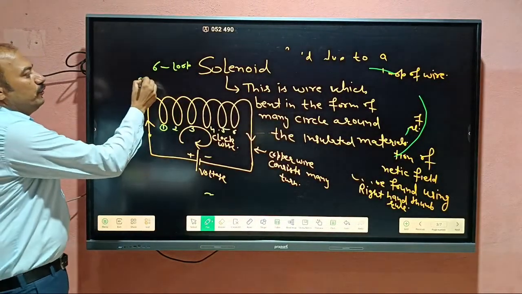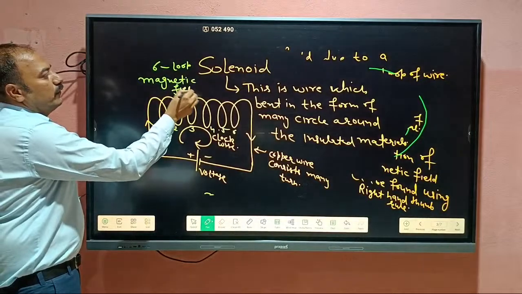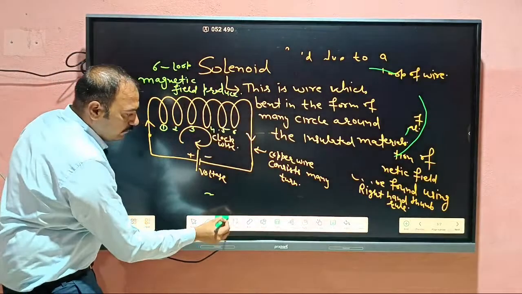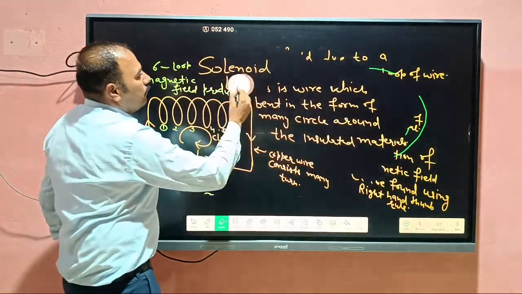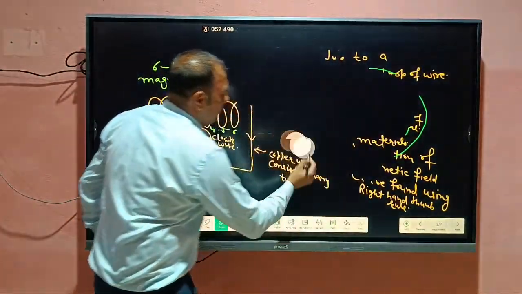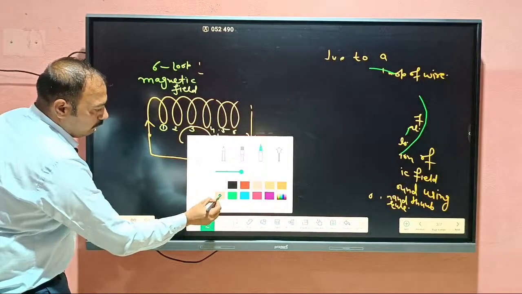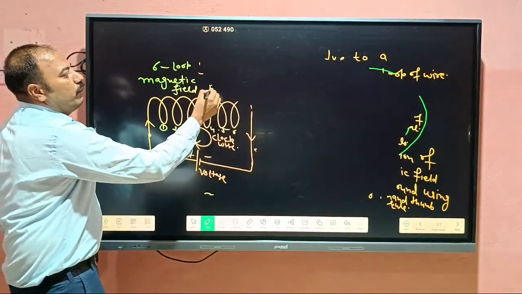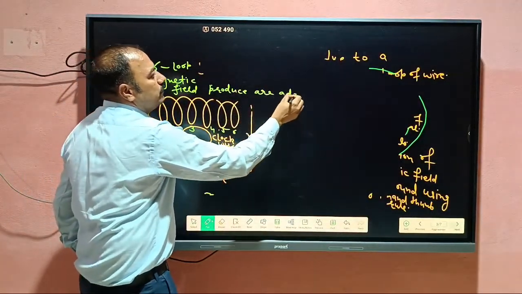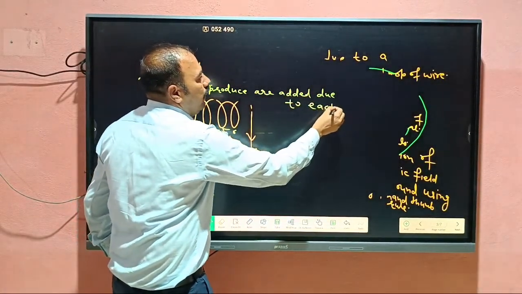So the magnetic fields produced due to each loop are added.